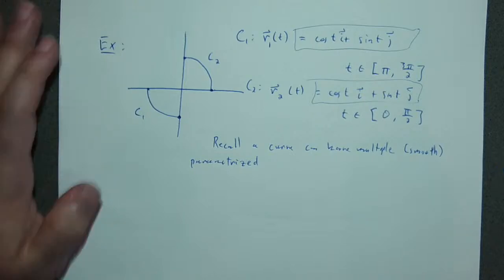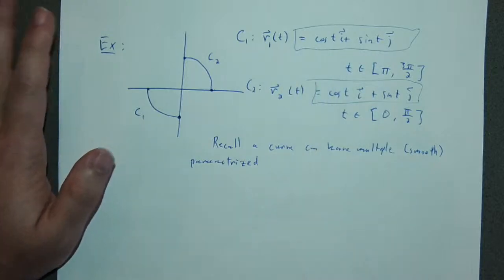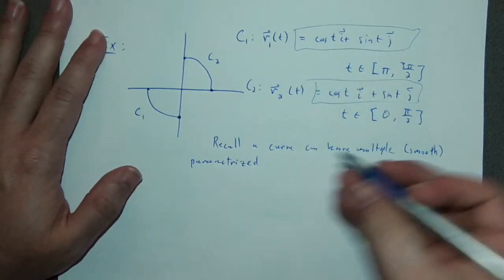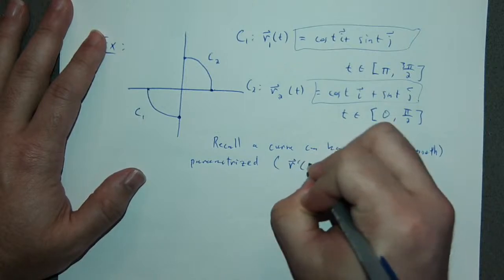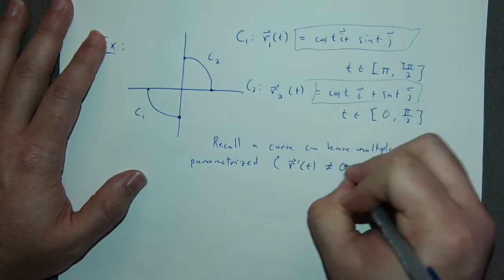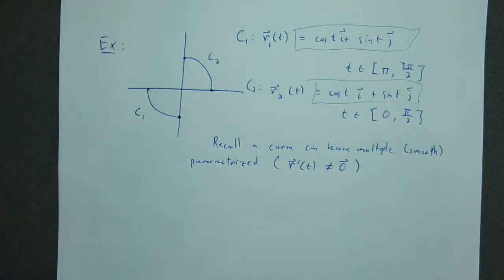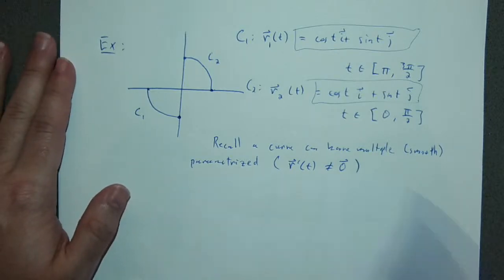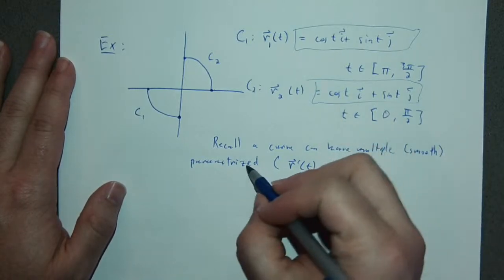A smooth parameterization was one where the component functions were nice enough, and, remember, there was a big condition that r prime of t not be the zero vector for any t in the interior. Equivalently, you could require that its length never be 0 for interior points t. I believe you had a question about this on your first exam. Okay, so recall that a curve can have multiple smooth parameterizations.